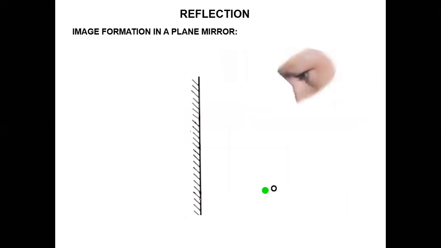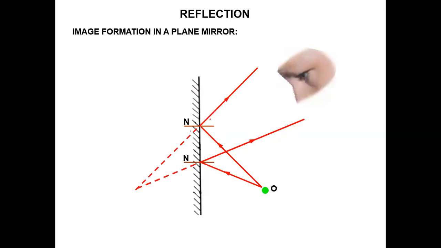So for example, here there is a plane mirror, and it's your eyes. You are looking at an object over here. Again, the normal is going to be over here, and when you send the ray over here, it's going to reflect like this. And the other one again. So you are going to draw the virtual part, and the place where they meet, you are going to see the object.